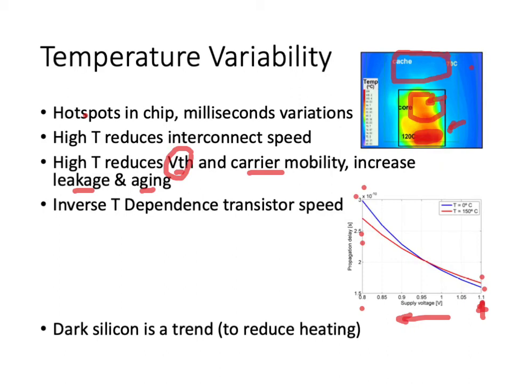Bear in mind that temperature gradients across a single die lead to differences in speed performance, which are further nuanced by whether you're operating at a higher or lower supply voltage. These variations due to temperature can change on the order of milliseconds, depending on the activity patterns of the computations in the VLSI circuit.